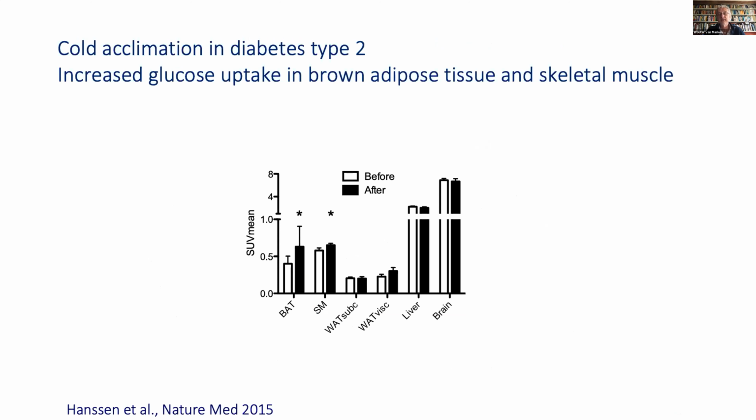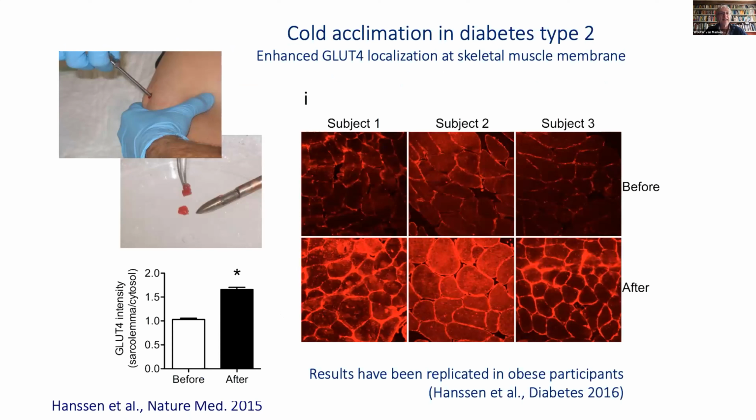So we studied this tissue in more detail in the biopsy material, and we saw that there was really an increase in GLUT4 intensity, especially in the sarcolemma membrane. So we see really a translocation of GLUT4, the glucose transporter, in the skeletal muscle.